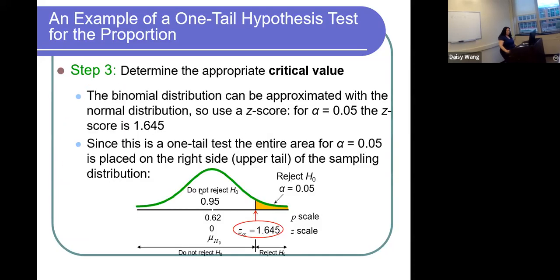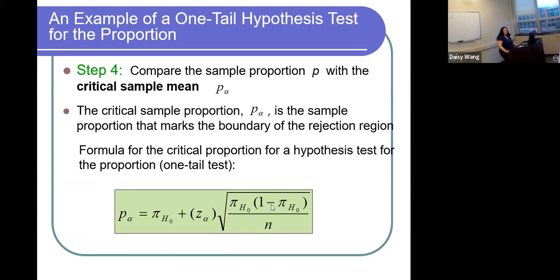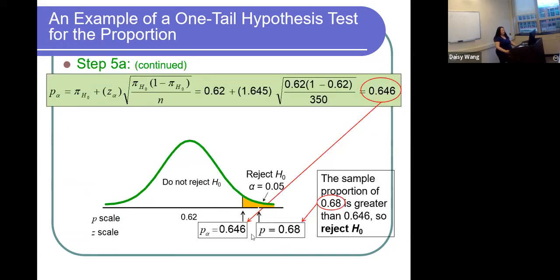So the margin of error is 0.62, 0.8. So you will calculate 0.646 and the P the same. We have to check.